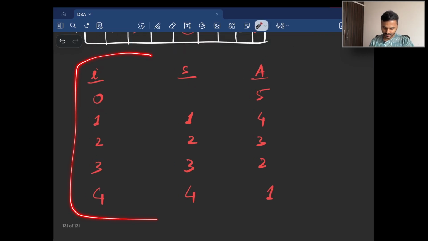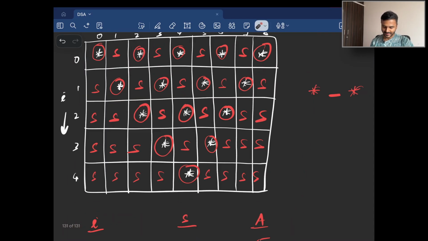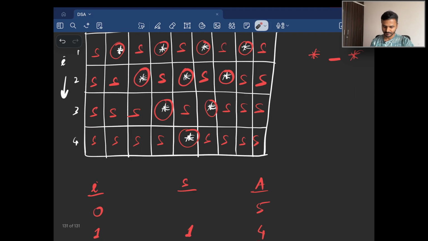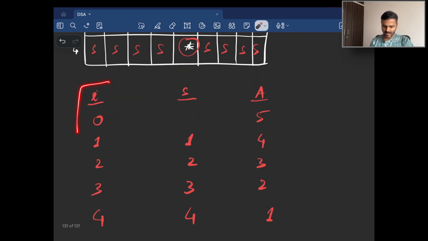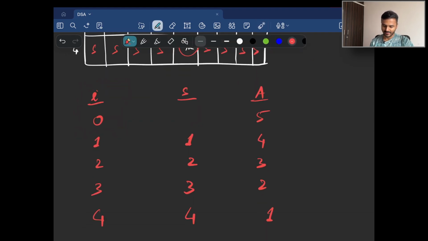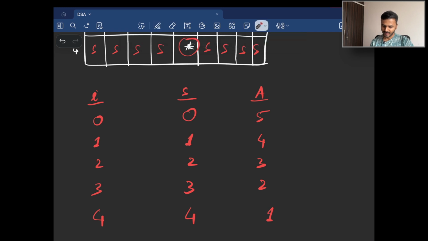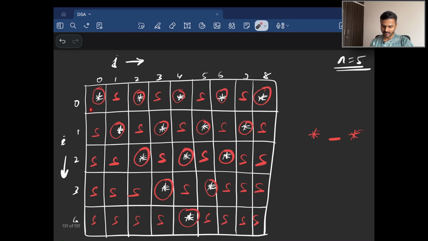So with this discussed, what would be the next step? Now we know how many asterisks we need to print in any given row, and we also know how many spaces we need to print before we start printing the asterisks, right? Summarizing, when I is 0, we don't need to print any space. We need to print 5 asterisks when I is 0, and each of those asterisks has to be separated by a space.